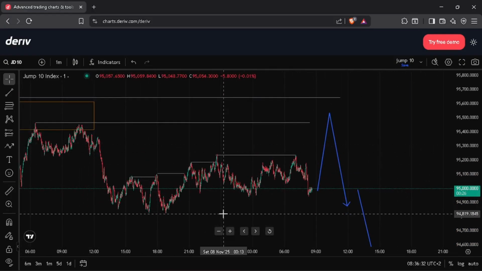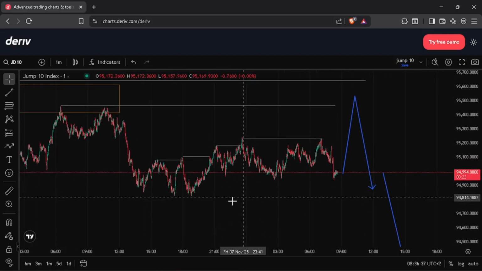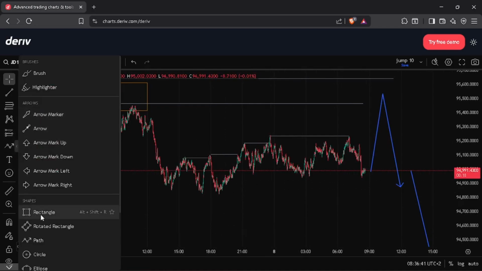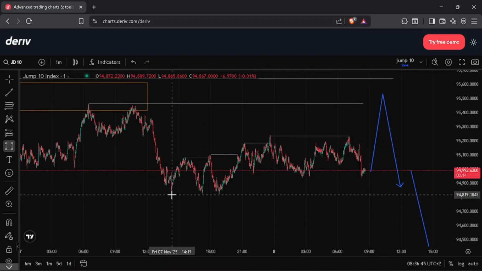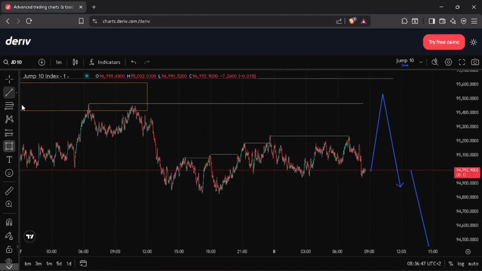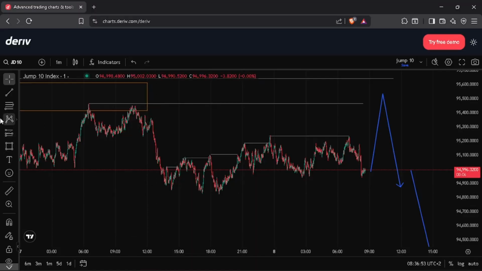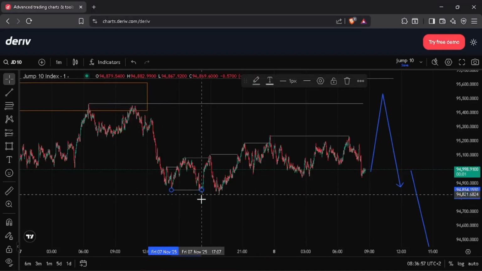So how do you catch a trade like this? I work with supply and demand now. On this chart here, we recently broke structure there, and then we wiped below here.